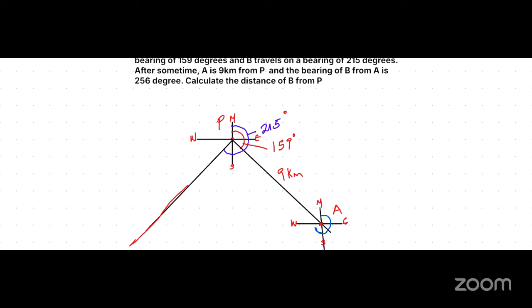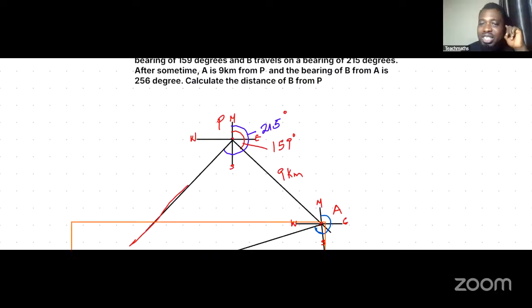Yeah. Okay. Now, we are describing B from two points. Initially, B was described from point P, which is 215 degrees, and we say somewhere on that line.